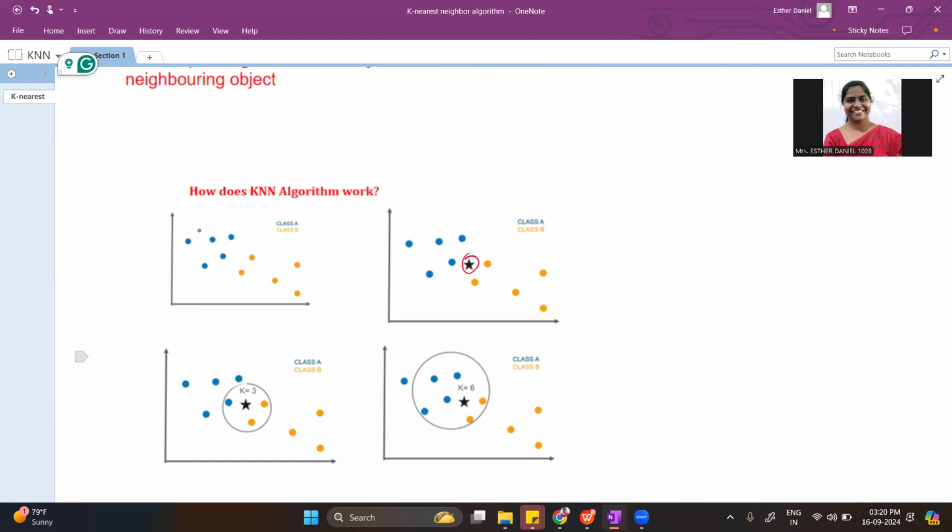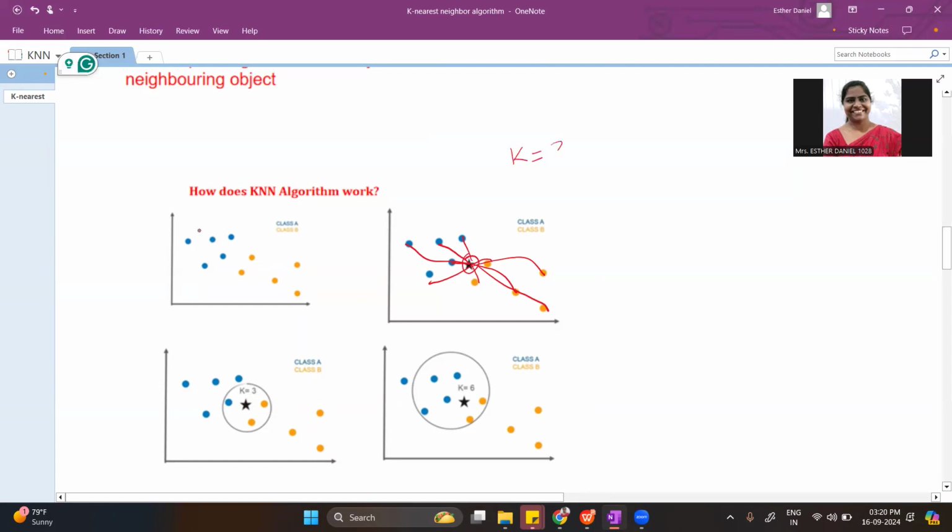So what is it that we have to do? We have to find the distance between the unlabeled data and all the labeled data. So the star is my unlabeled data, and the class A and class B data points are all labeled data for me. I have to find the distances from the unlabeled data to all the labeled data points. And the K in KNN denotes how many neighbors we have to consider.